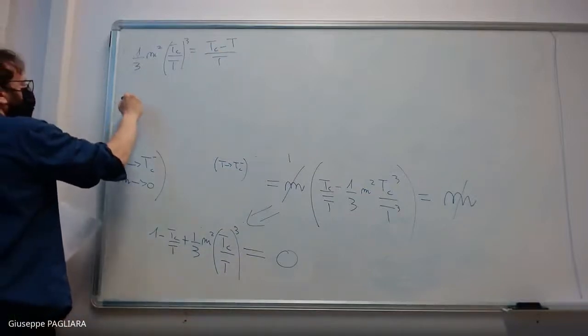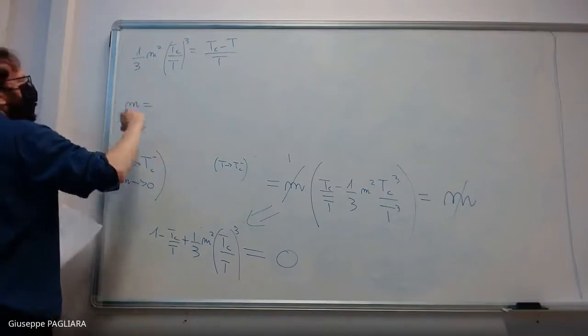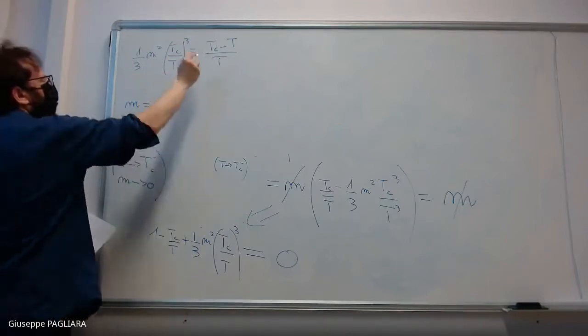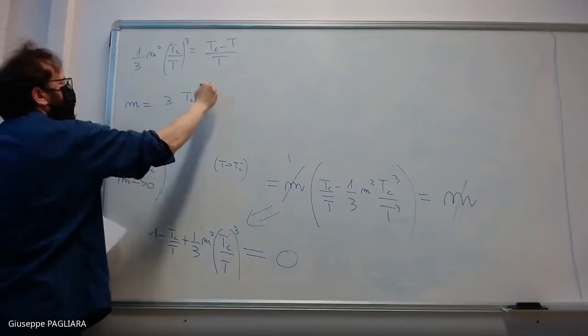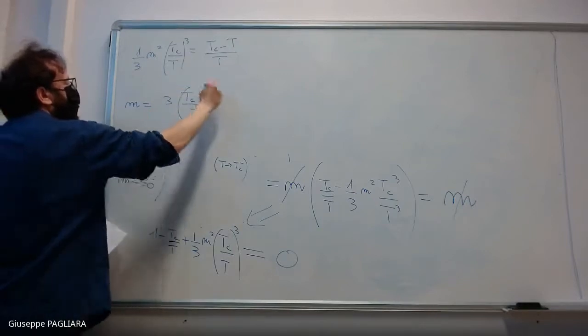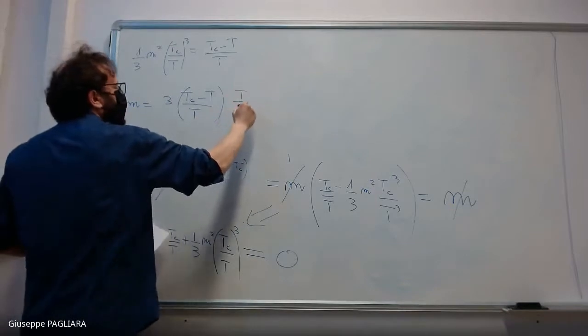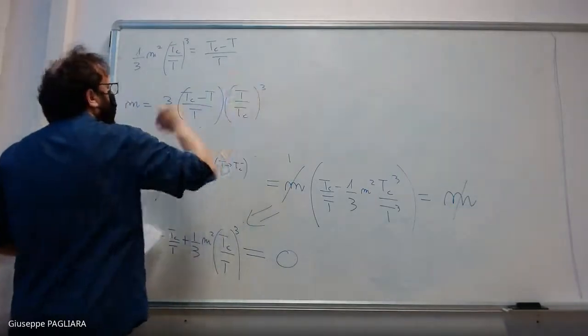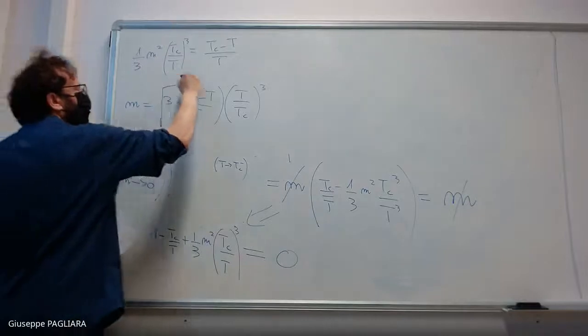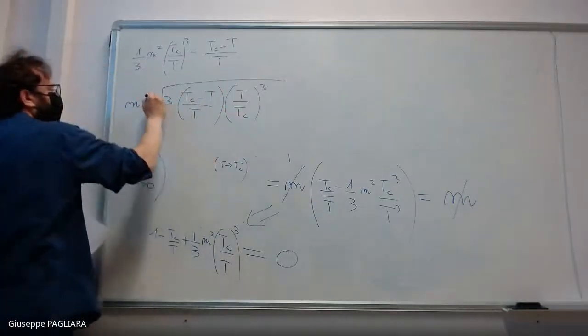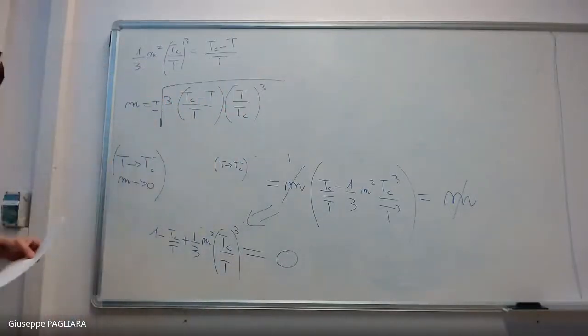Therefore, M is equal to 3 times this quantity, Tc minus T divided by T. Then I have T divided by Tc to the power of 3. Then I have a square root and a plus minus. Let's see if it is correct.